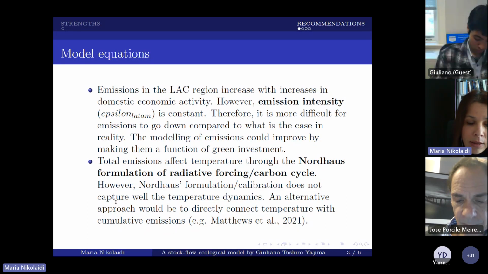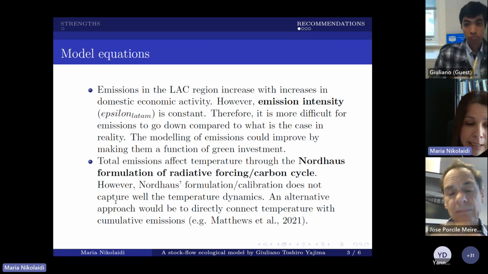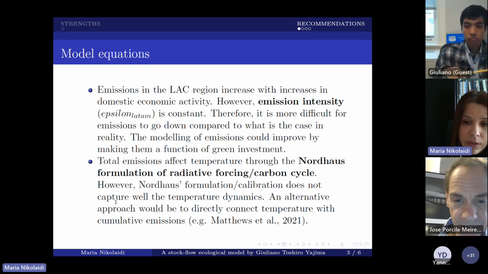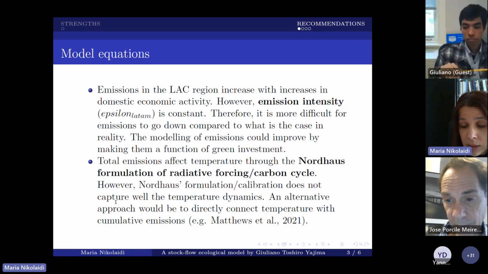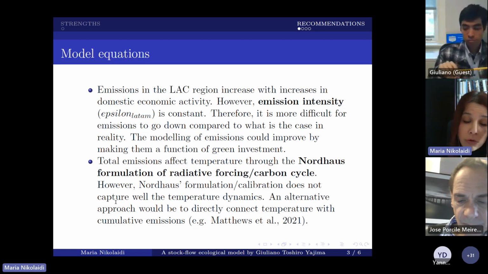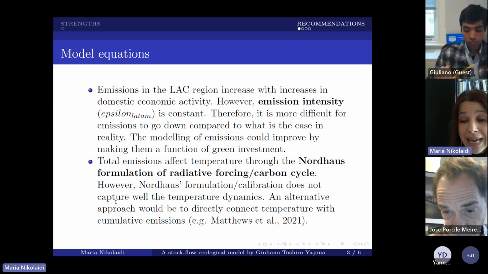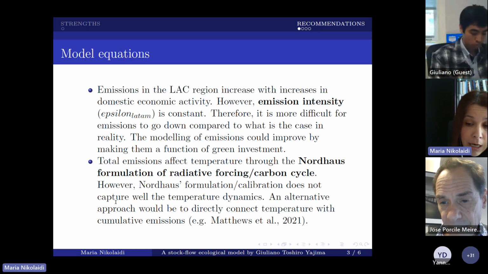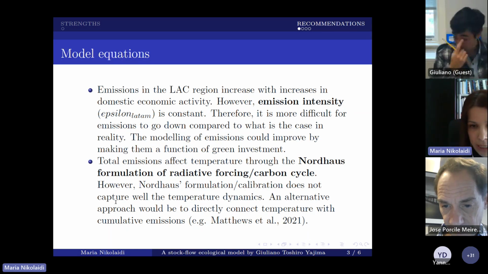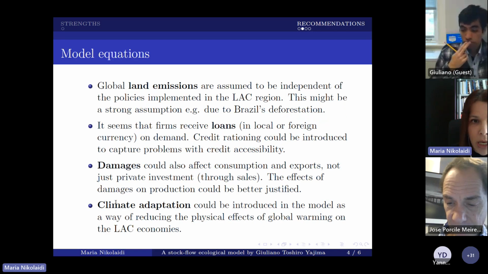But I'm thinking that this formulation of Nordhaus gives a high temperature for a given emissions compared to what we get at the IPCC scenario. So you might want to consider an alternative formulation for emissions and atmospheric temperature. The reference that I have on the slide of Matthews et al. actually has a formulation that links cumulative emissions directly with atmospheric temperature, and the increase in temperature is more in line with what we have in the IPCC scenarios.